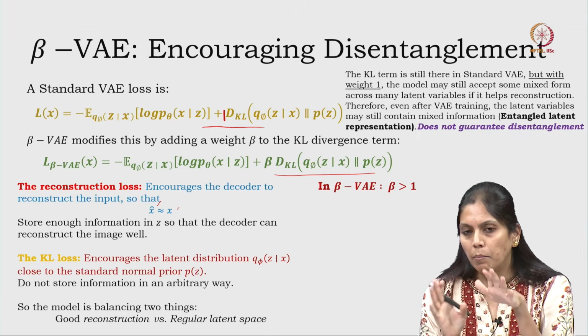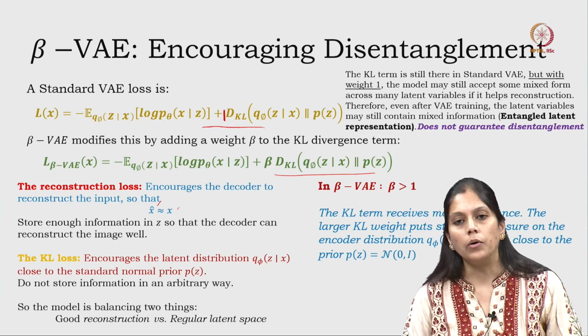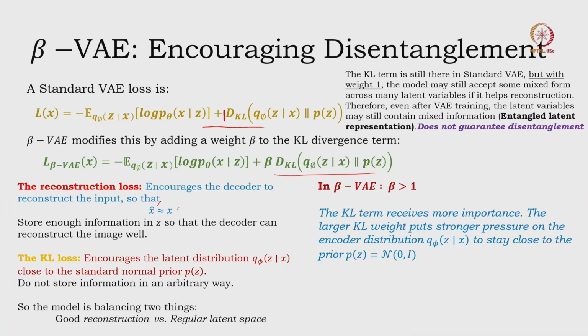Is it not? This is the meaning that we are getting. Okay. So when beta value is greater than 1, the KL term is given more importance, which means a larger KL weight, and there is more pressure being put. And what is that pressure here? The encoder distribution should stay closer to the prior distribution.